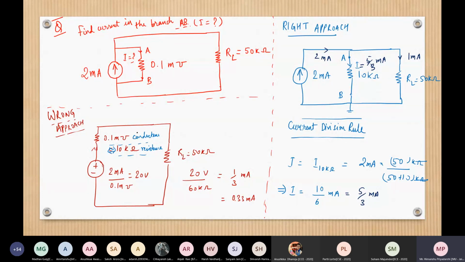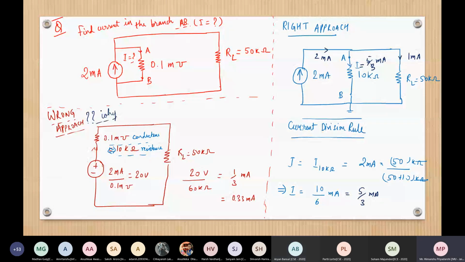Now, what was wrong with this approach? Sir, it was using it in series, the resistance. We calculated the resistance in series.